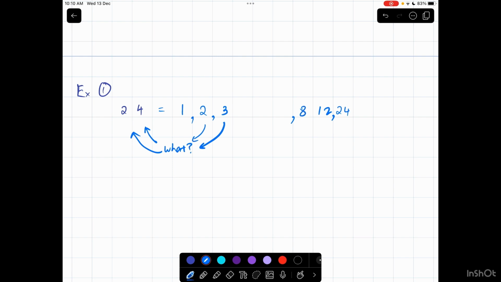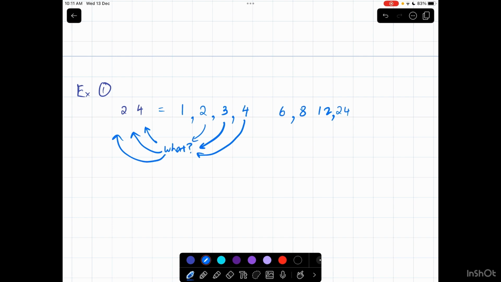Then after 3, we have 4. 24 is also divisible by 4. So here we have 4. Then the same rule applies. 4 times what gives us 24? 4 times 6. So 6 goes right here, and that becomes the fourth last number.